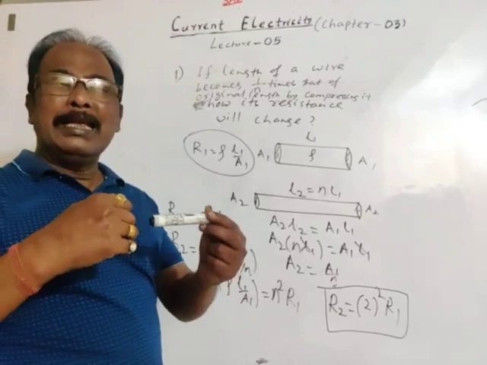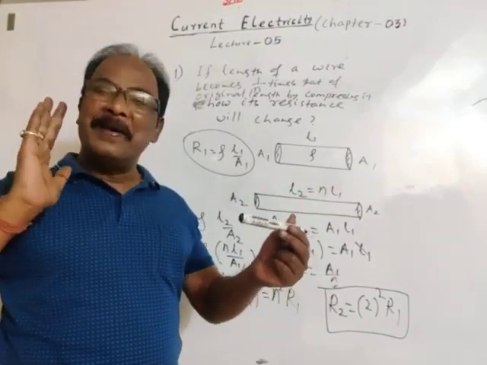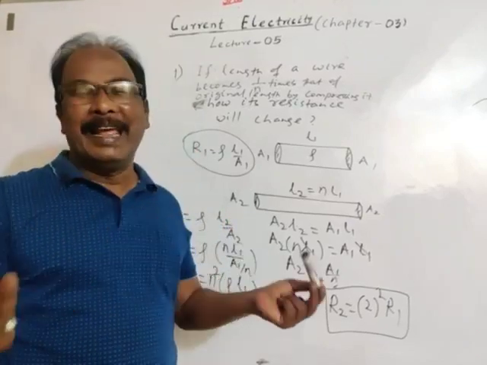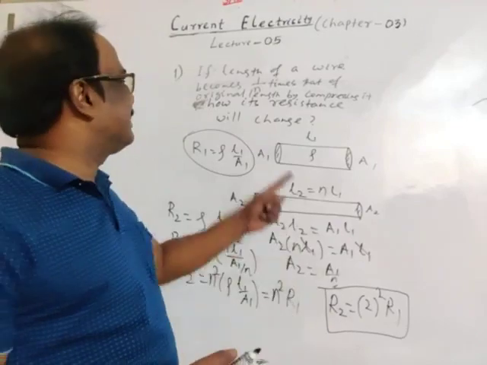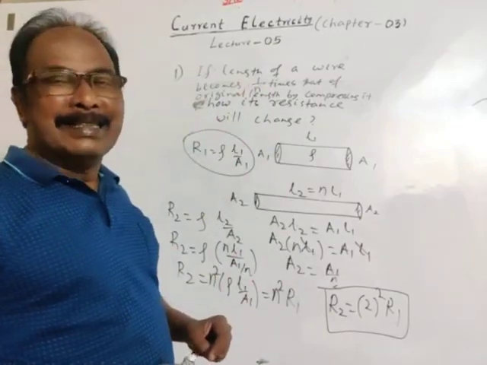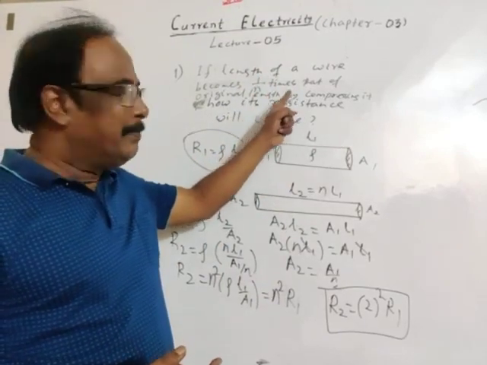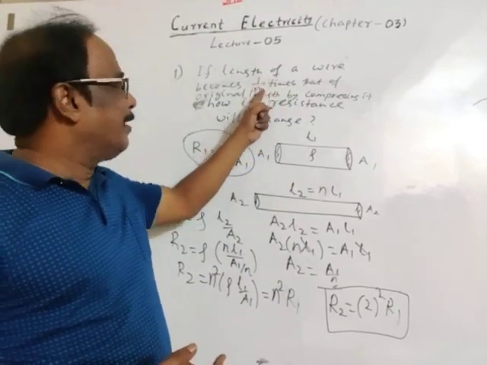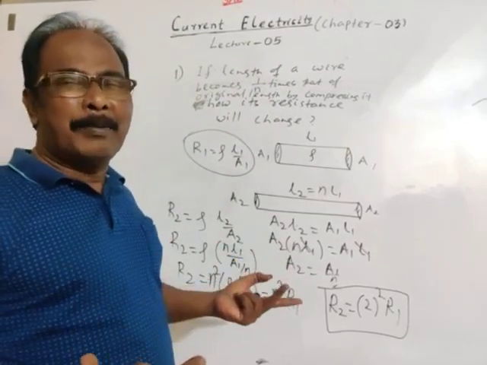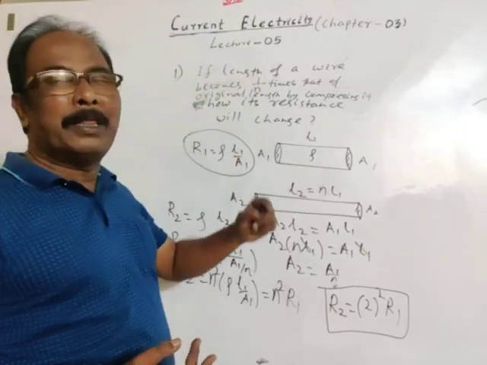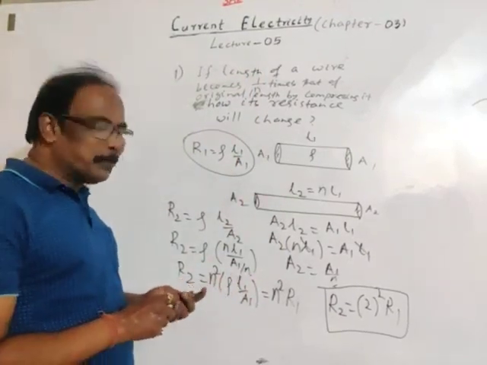See, if the wire is stretched or elongated, then the length will increase. If the wire is compressed, then the length will decrease. Now we have compressed, so the length will decrease. How does the length change? The final length becomes half the initial length, meaning in place of 1 by 2 we take 1 by n, or 1/3 of the initial length, where in place of 3 we have taken n. Then how will its resistance change?